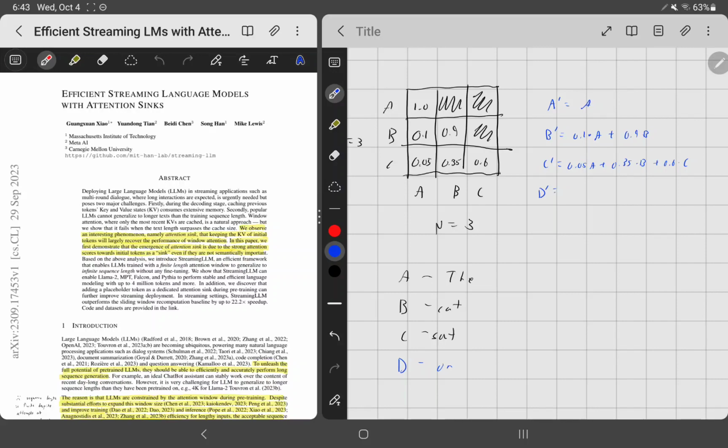So maybe it gets information from B and C. But you can kind of see, you construct this matrix, and it sends information dynamically based off what these tokens are. So that is attention. And the way you normalize these is through a softmax, which we'll get to later. But this is basically a high-level overview of attention.